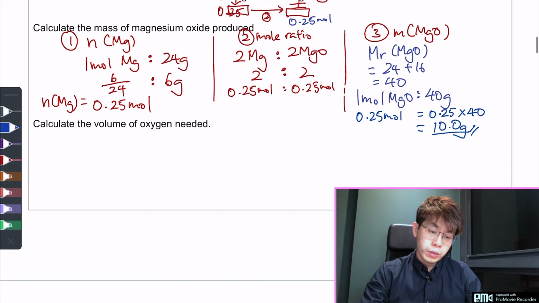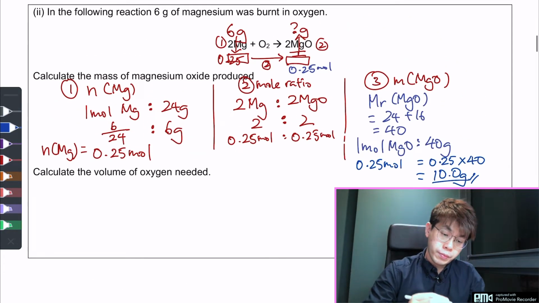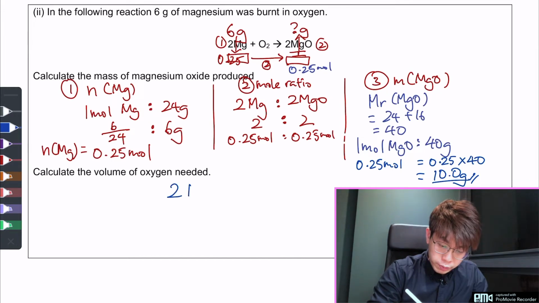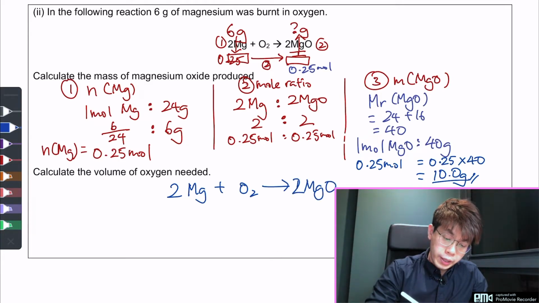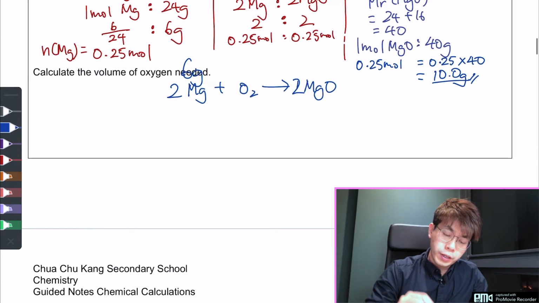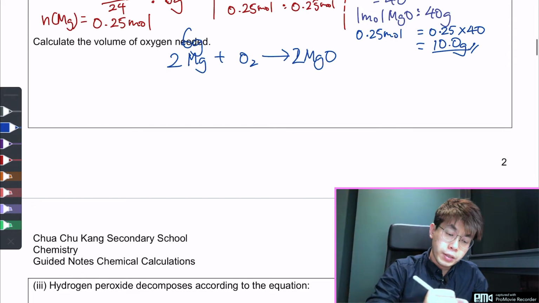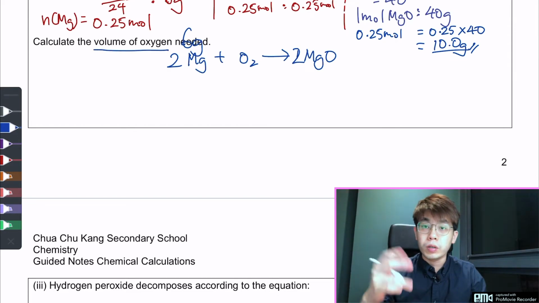The next question is the exact same thing. I'm going to write the formula one more time because I messed up the one on top. So this is the formula, and I know that I have 6 grams of magnesium. Now instead of finding magnesium oxide, I need to find the volume of oxygen. Something different.